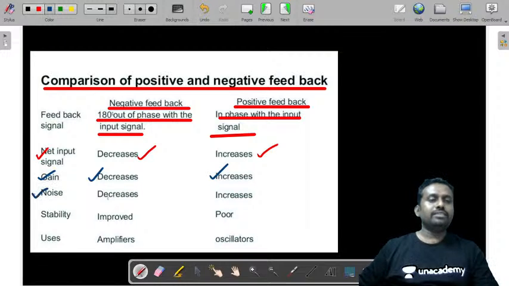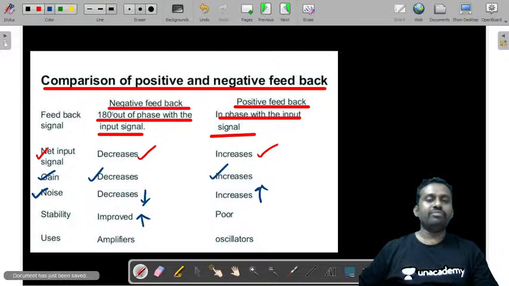The noise is reduced in negative feedback and it increases in positive feedback. Stability is improved in negative feedback and it is poor in positive feedback systems. As for uses, negative feedback is used in amplifiers, and in oscillators positive feedback is preferred or applicable.